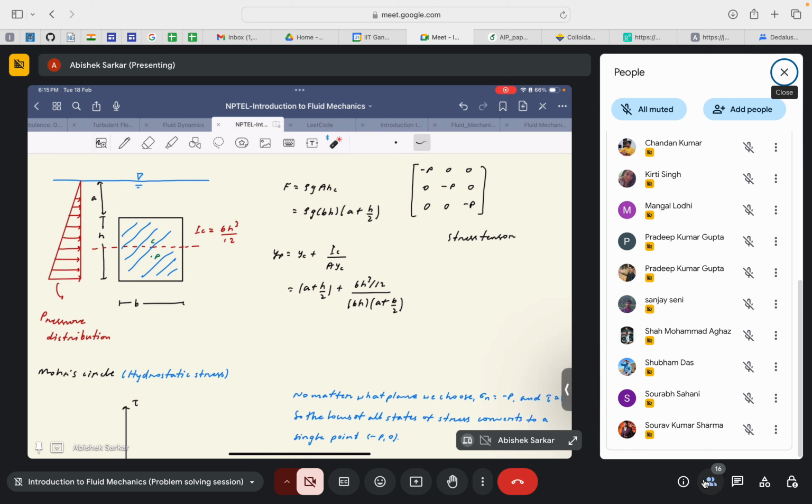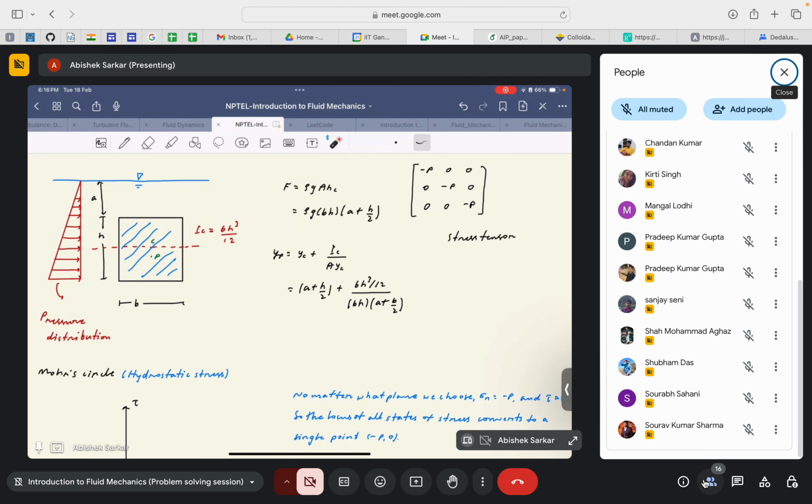Then the center of pressure for this particular case will be given by, again, the general formula, that is yp is equal to yc plus ic by a yc. Then yc, the location of the center of gravity, is given by a plus h by 2, plus the area moment of inertia of this particular plate, that will be b h cube by 12, since we are considering the area moment of inertia with respect to this horizontal axis.